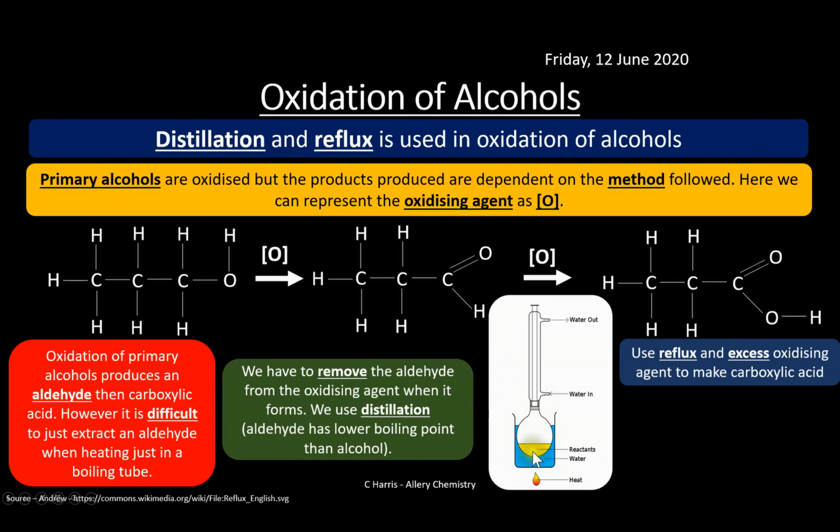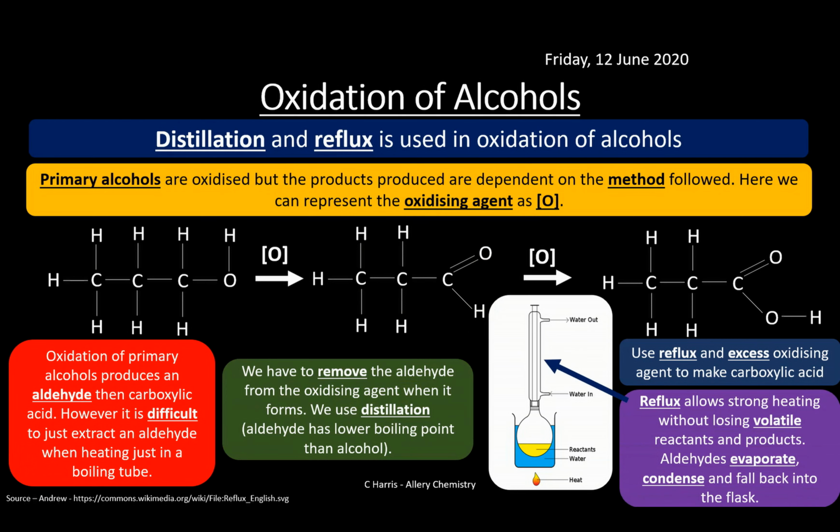So for example, the aldehyde would rise up, hit the condenser, cool, and drop back down into your reaction vessel, where it will react with more oxidizing agent, and that will produce your carboxylic acid. So reflux is ideal if you're making a carboxylic acid. It's not great if you want to make an aldehyde. You have to use distillation instead.